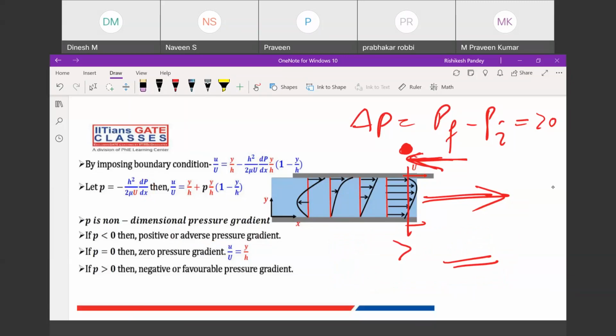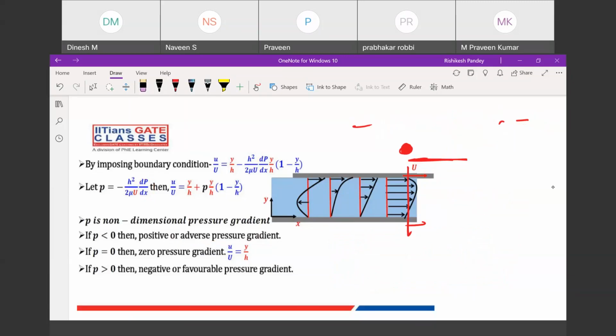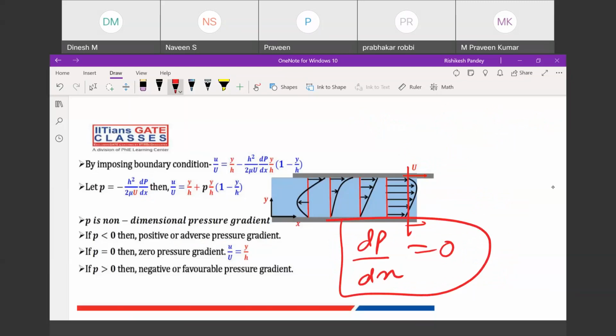Now next is, what happens if the pressure gradient itself is zero? If this itself becomes zero, you see dp by dx is zero, so this term will become zero. Then we are left with u by U equals y by h.